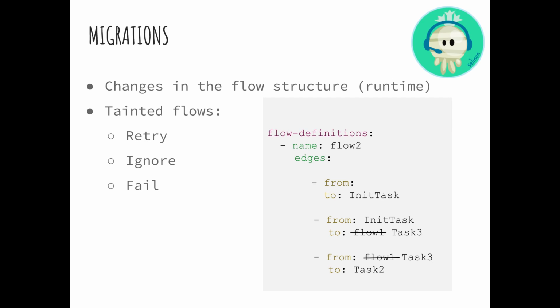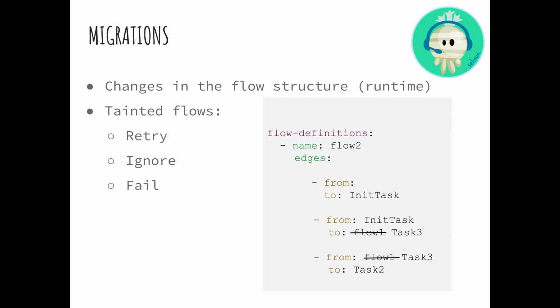So this is something that is called a tainted flow. That is a flow that would behave with the new configuration differently compared to the old configuration, and these tainted flows can behave based on a tainted flow strategy.